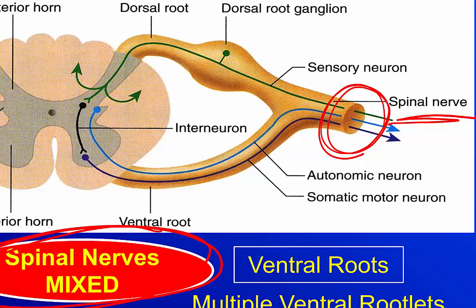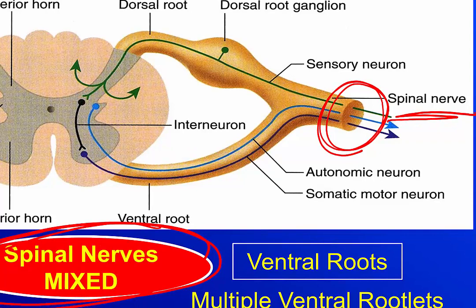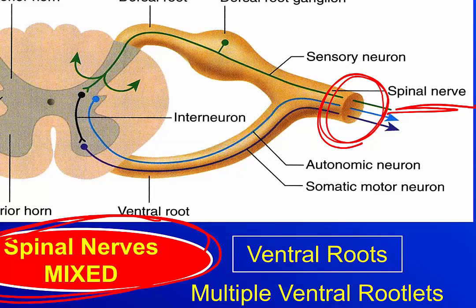I've got an interneuron here that connects my sensory to my motor, but I also have these arrows going up to the higher centers of my brain. If I stub my toe, I can't just take that to my spinal cord. My brain has to make a decision to pick up my foot. So I do need this information to go up to my brain to let it know that something happened.